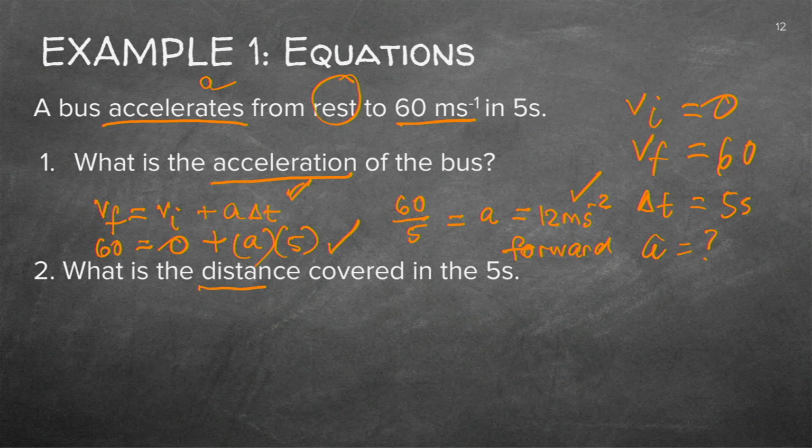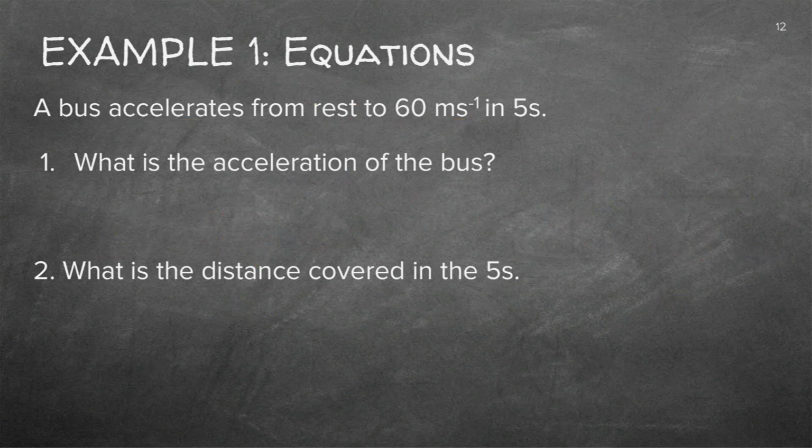Now they're asking me the distance. So they're asking me delta x again in 5 seconds. So I've got the acceleration now. It's 12. So now I just have to go and calculate the delta x. In actual fact, I can use any of the two remaining equations. Let's quickly clear these, and we know the distance will be delta x.